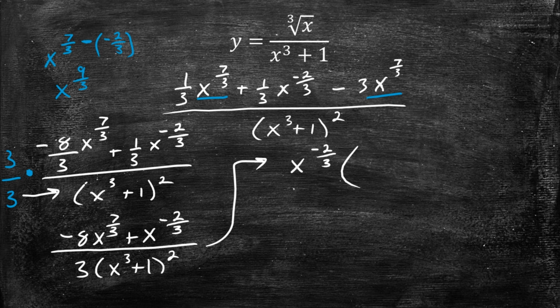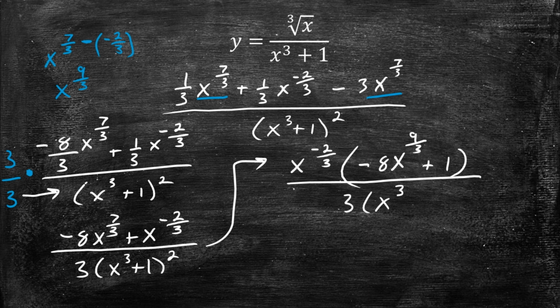So what we get here then is negative 8 x to the 9/3 plus 1, and that is all over 3x cubed plus 1 squared. All right, so the last step we want to do is just make this exponent positive, and that is done by bringing it down to the bottom.